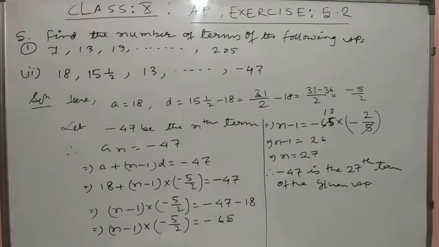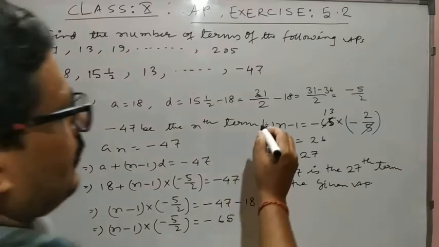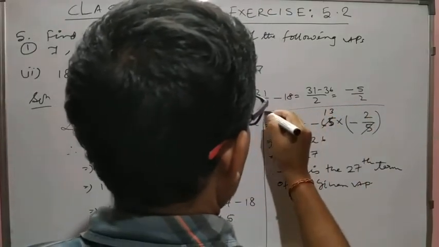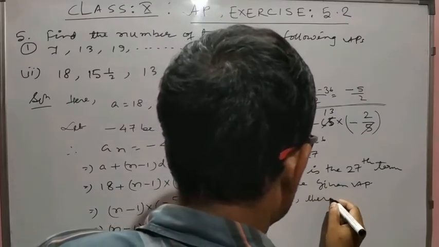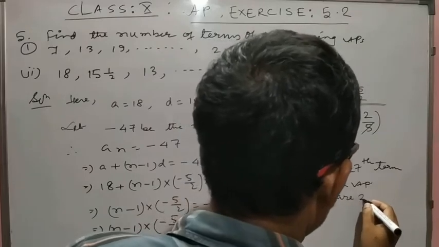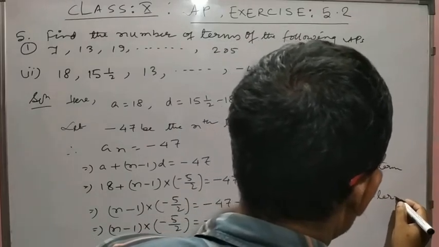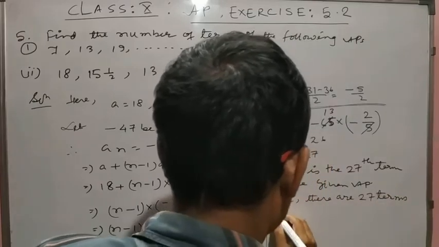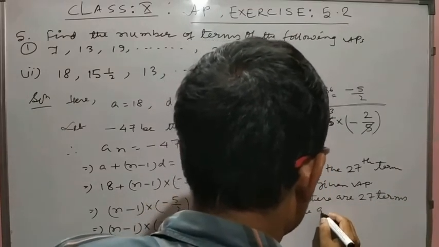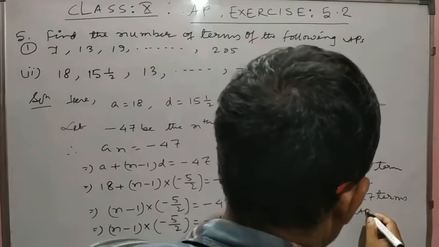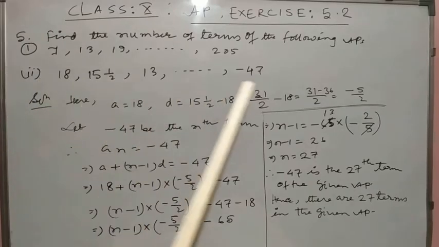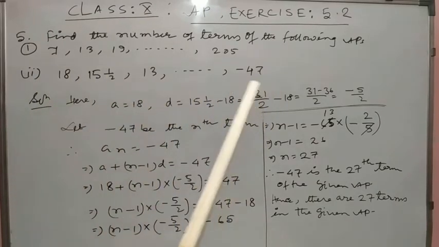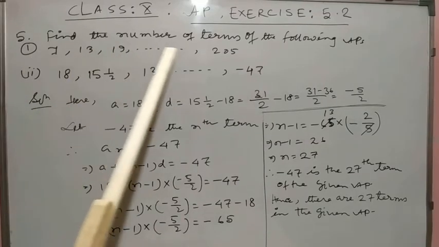Hence there are 27 terms in the given AP. इस AP में टोटल 27 term है. So you will try question number 1 yourself at home.